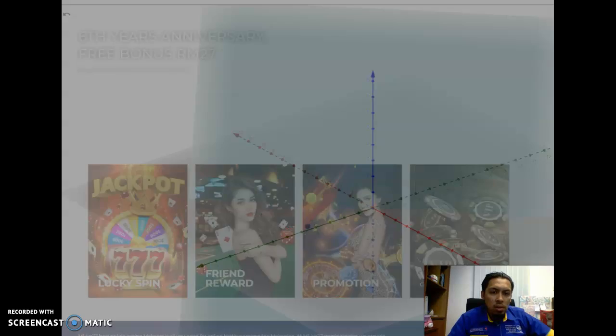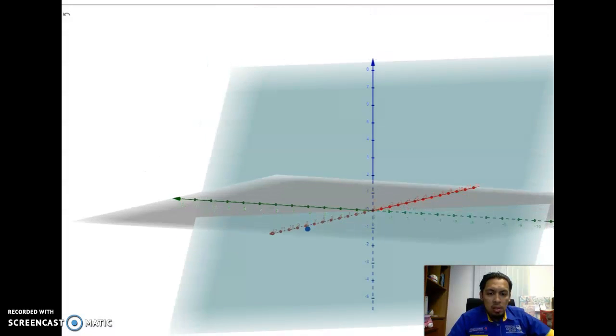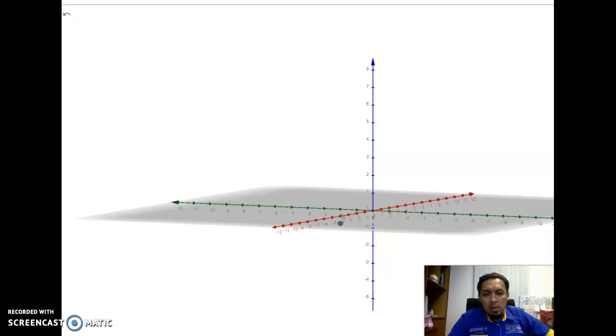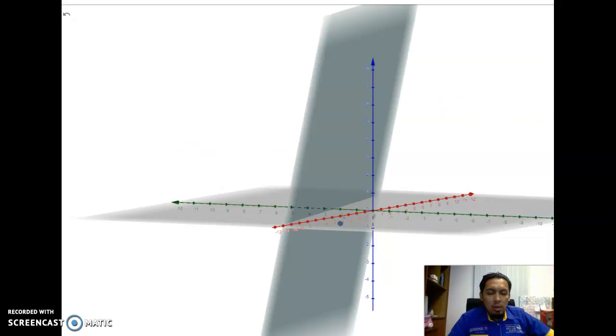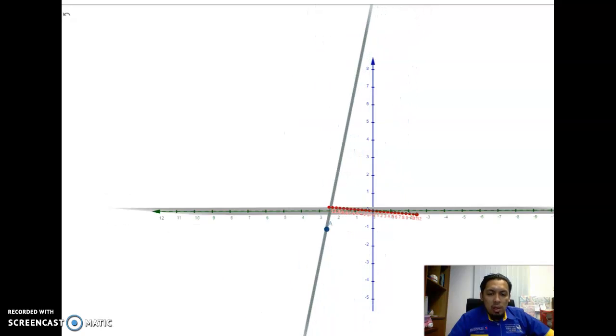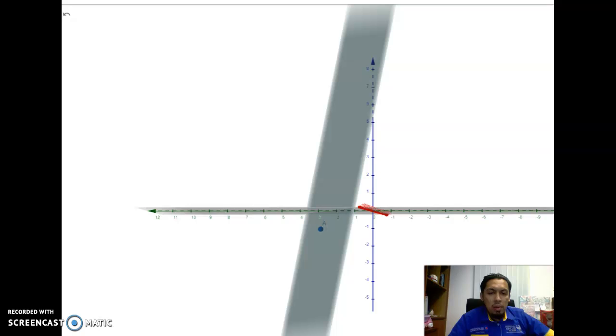We can also have another one. Let's look at another one. Now it actually tilts this way, but A is on the plane.